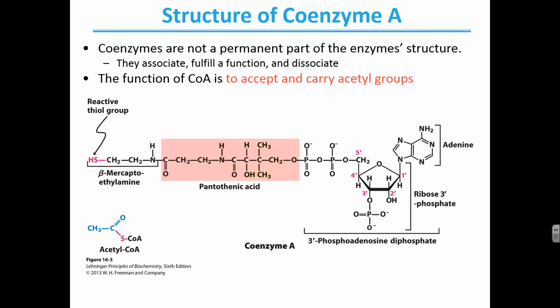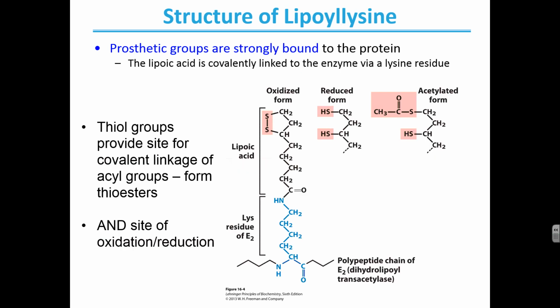Another important part of the pyruvate dehydrogenase complex is a prosthetic group that we see here called the lipoyl lysine. The lipoyl lysine is this lipoic acid that is attached permanently to a lysine residue in the second enzyme of the pyruvate dehydrogenase complex. The lipoyl lysine allows us to have a site for oxidation and reduction.